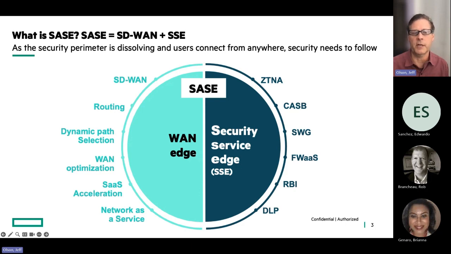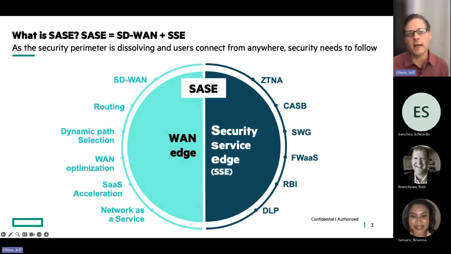They saw this transformation that was occurring as networking and security were converging, and that customers needed a better way to evaluate and architect a solution that addressed both. So we like to think of it as two halves of this circle. In a simple equation, it's SD-WAN plus SSE, Security Service Edge.